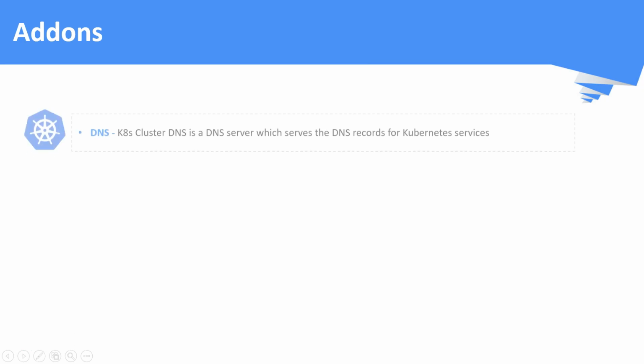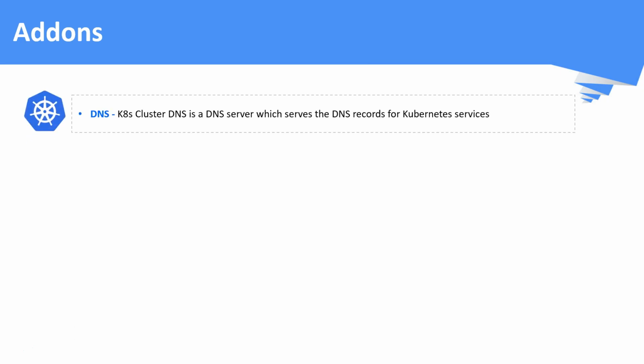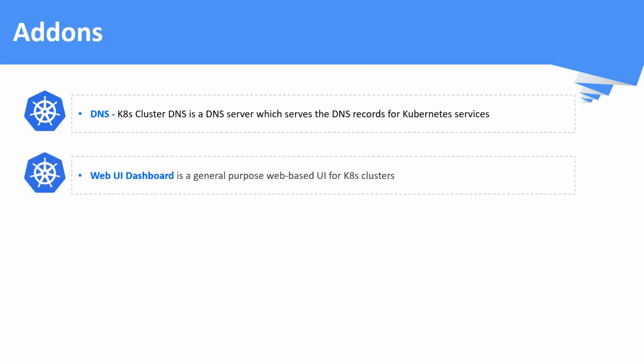Finally, the add-ons. Add-ons are the additional features available in the Kubernetes cluster. To name some: DNS. Kubernetes Cluster DNS is a DNS server which serves the DNS records for Kubernetes services. Next, Dashboard. Dashboard is a general purpose web-based UI for the Kubernetes cluster.